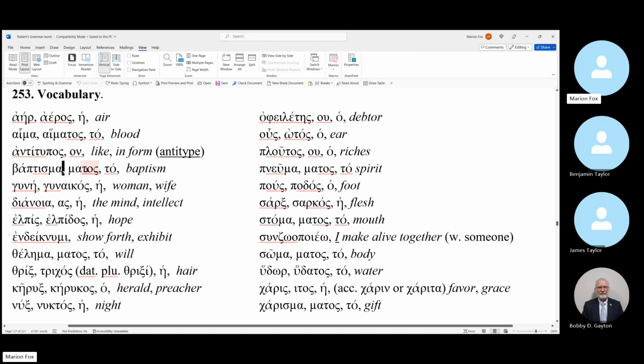That's your genitive of baptisma. And so that's, of course, the neuter. Now, there are two words for baptism. It's baptisma and baptismos. And mos and ma are different.